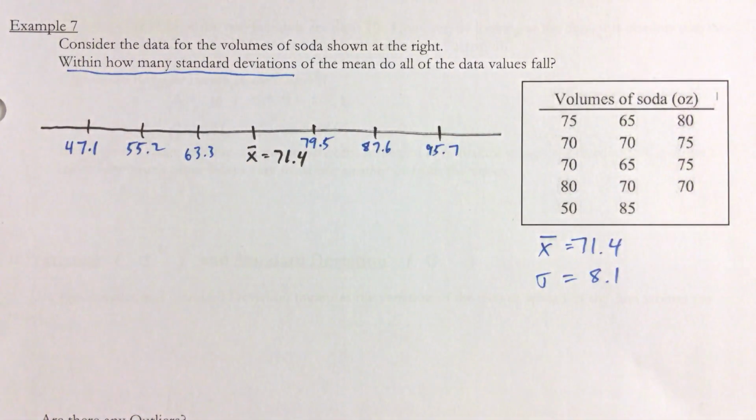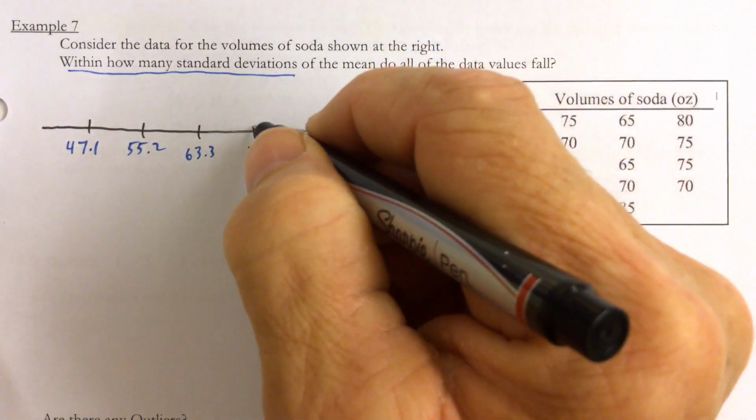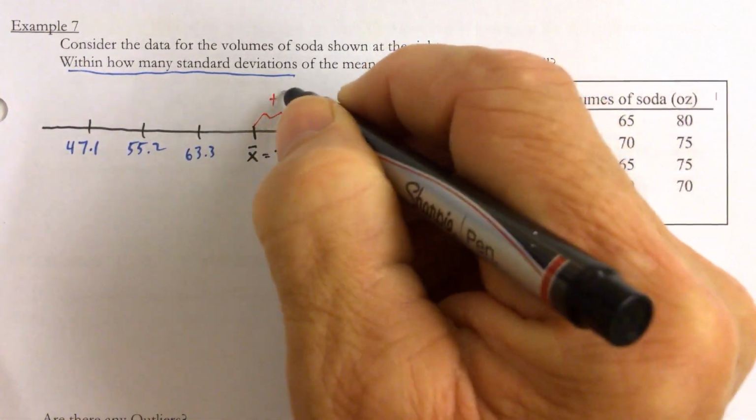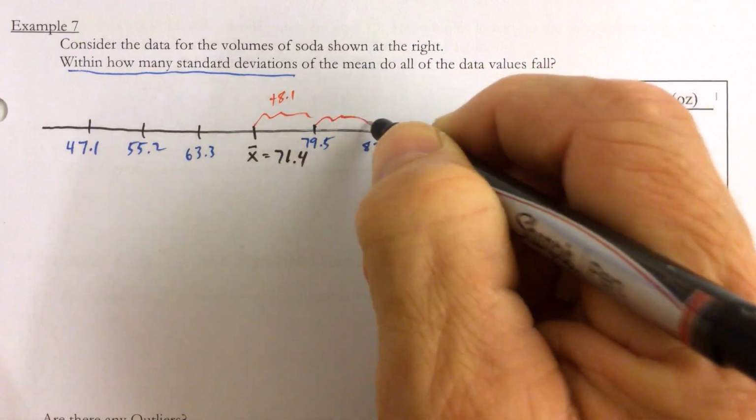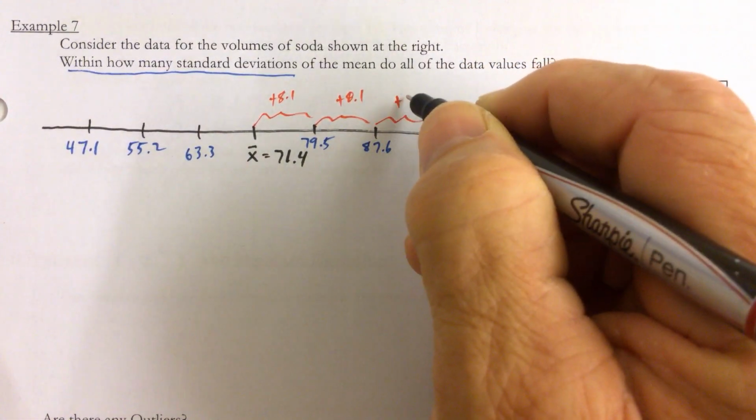And just to reiterate, this is plus 8.1 here again. Again, 8.1 is our standard deviation.